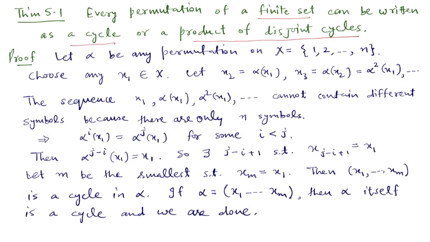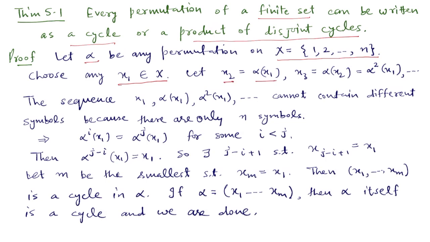For this we take alpha, a permutation on a finite set X having n elements. Let us choose any x1 in X, fix x1 in X. Theoretically we are choosing any x1, but practically it is better to choose the smallest symbol. So suppose after applying alpha on x1 we get another element x2.